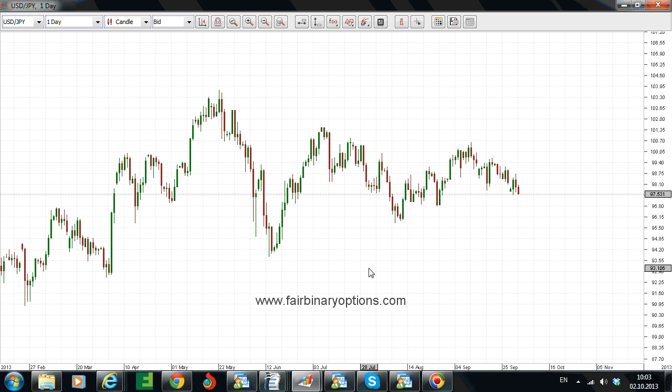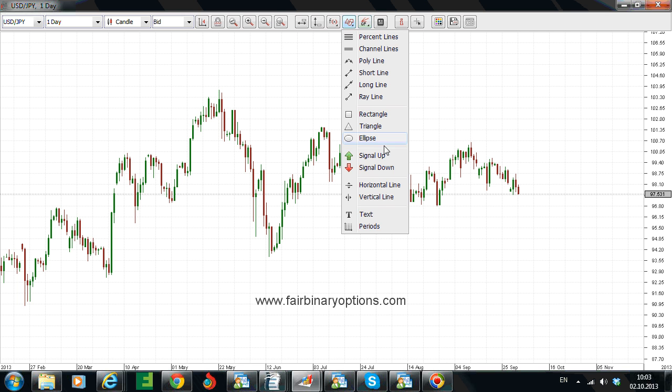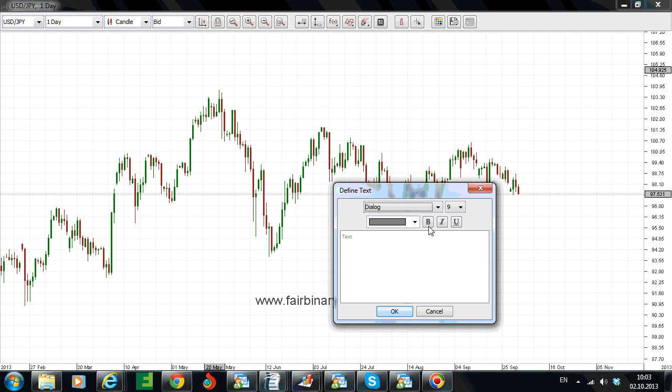A contracting triangle travels between the A and C and B and D trend lines, and if this contracting triangle is broken to the downside, then we should label this triangle like this.